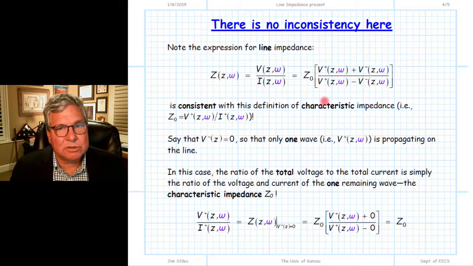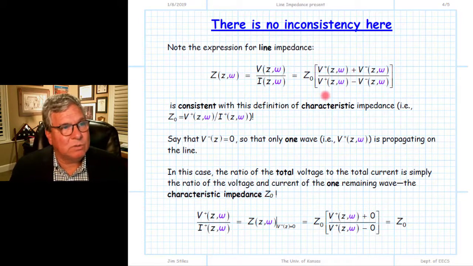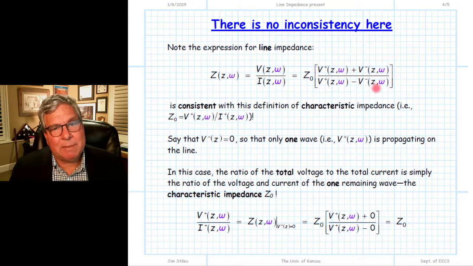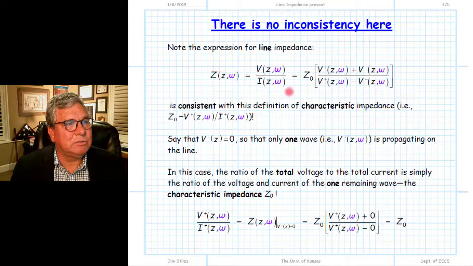Well, if we look at this closer, we can see when this might possibly be equal to 1. We have V plus plus V minus in the numerator, V plus minus V minus in the denominator. It's pretty clear if V minus happened to be 0, then we simply have V plus divided by V plus, it'd be equal to 1, and then the line impedance function is going to be equal to Z0. If we only have a plus going wave, then the line impedance function is equal to Z0.